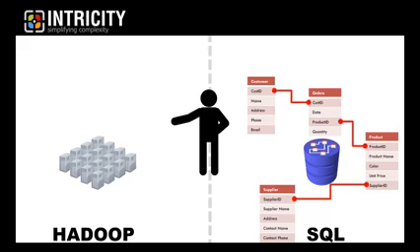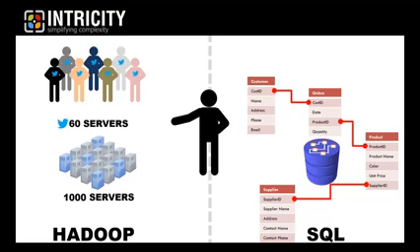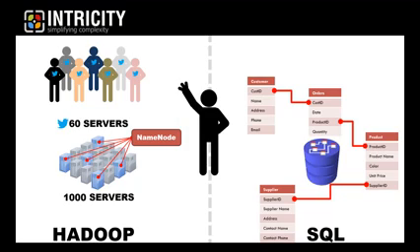So, for example, let's say that we're loading Twitter data and we have a large Hadoop cluster of 1,000 servers. My Twitter data might be replicated across 60 of them, along with all the other profiles of Twitter users. Hadoop keeps track of where all the copies of my profile are. Now, this seems like a waste of space, but it's actually the secret sauce to the massive scalability magic in Hadoop, and this leads us to our third difference.